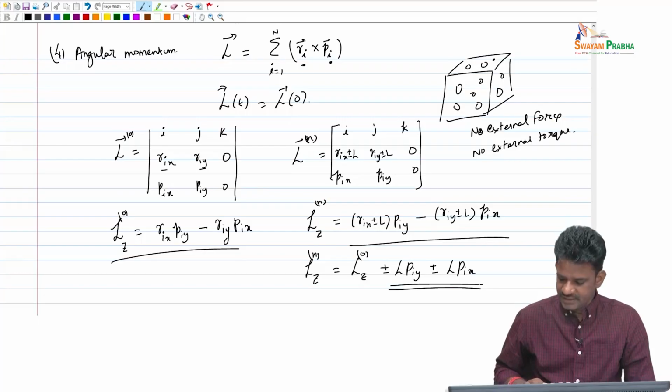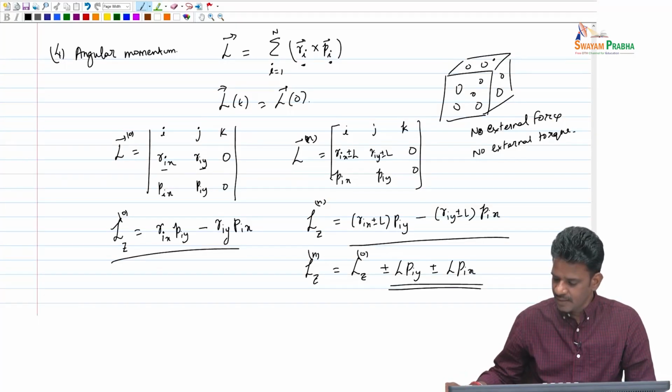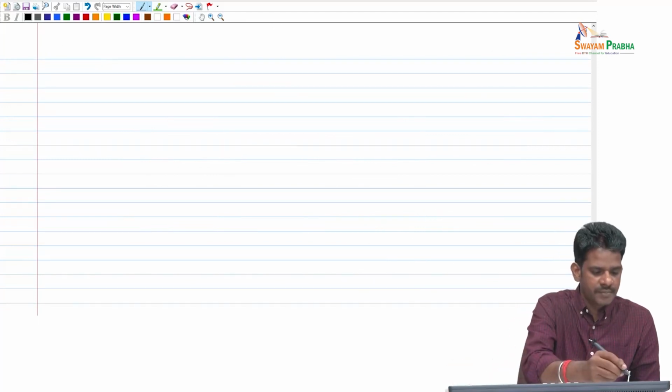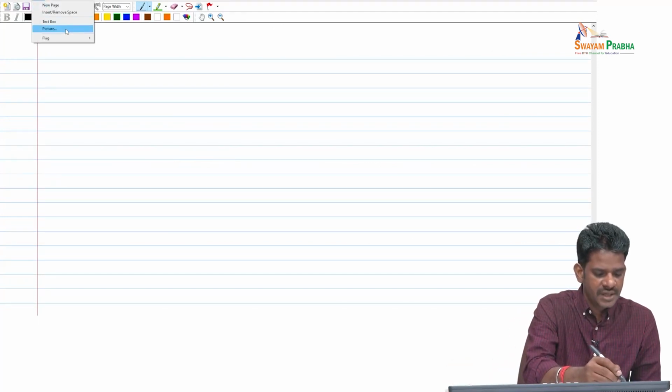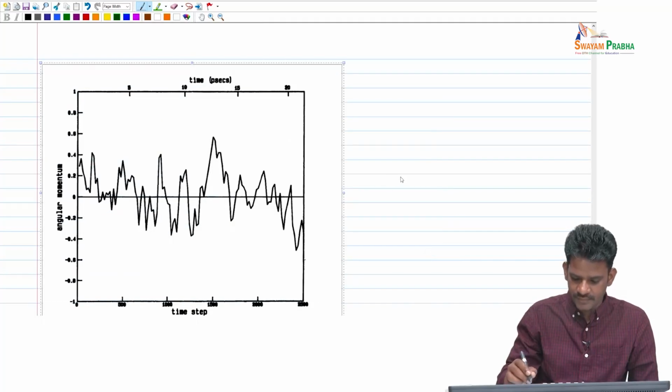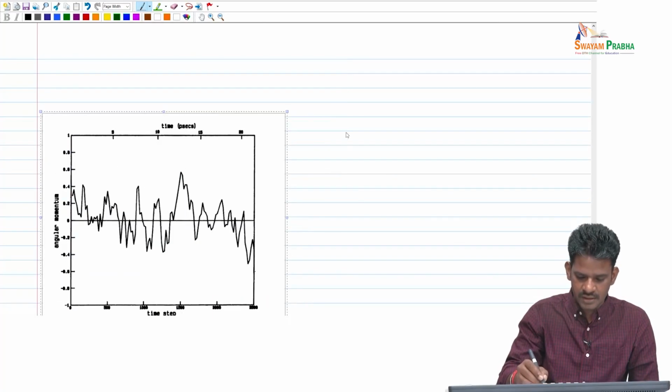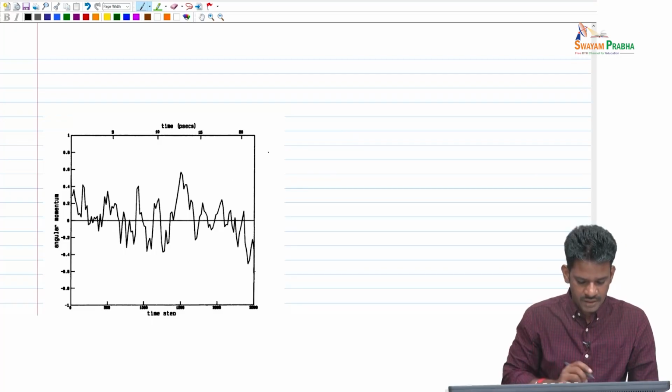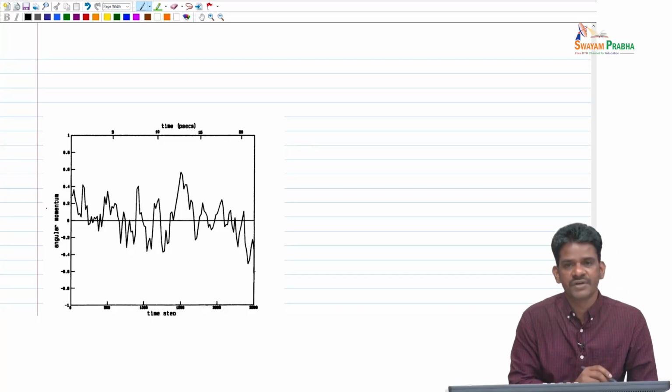How, even though we say it is violating, if you really look at how the angular momentum varies in the simulations, you will see that... what is plotted here is, as a function of time, a certain component of angular momentum.